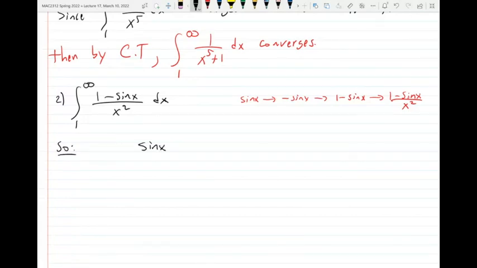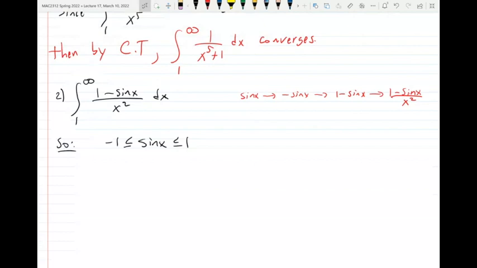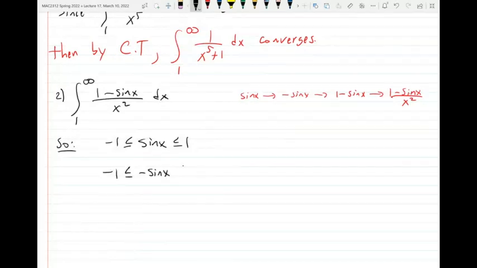We know that the sine function is between -1 and 1. We know this, right? Now I don't care about sine, I care about negative sine, because that's what shows up in here. So I'm going to multiply everything by -1. Multiplying everything by -1, it tells me that negative sine, once again, is between -1 and 1.